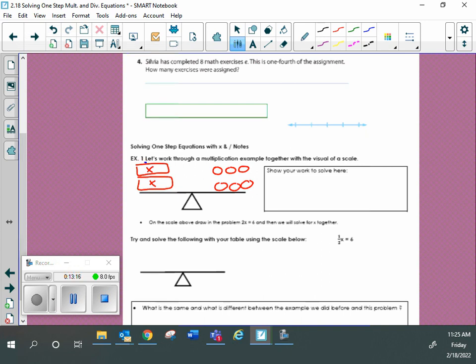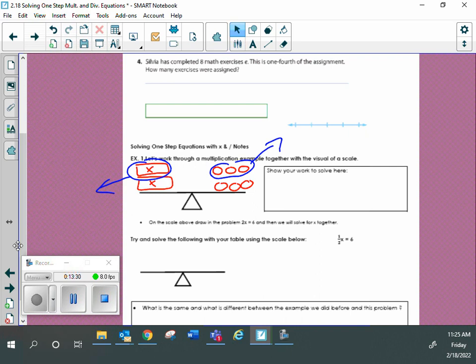So I'm going to take off 1 x value, and I need to take off the same amount over here, but I'm going to split them evenly. So I'm going to take off half of that. I took off half of the x's, I'm going to take off half of the numbers. So x is equal to 3, exactly.